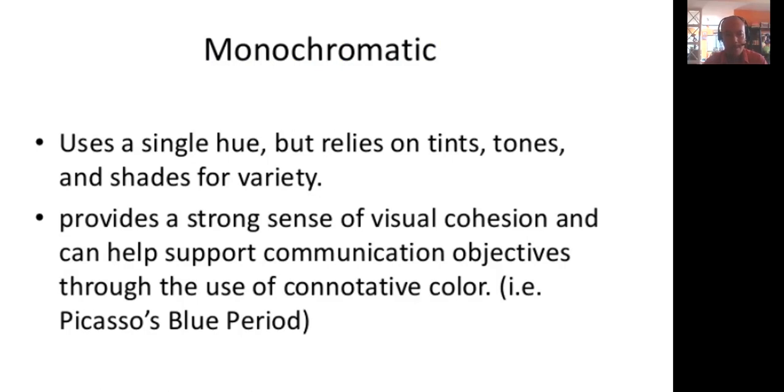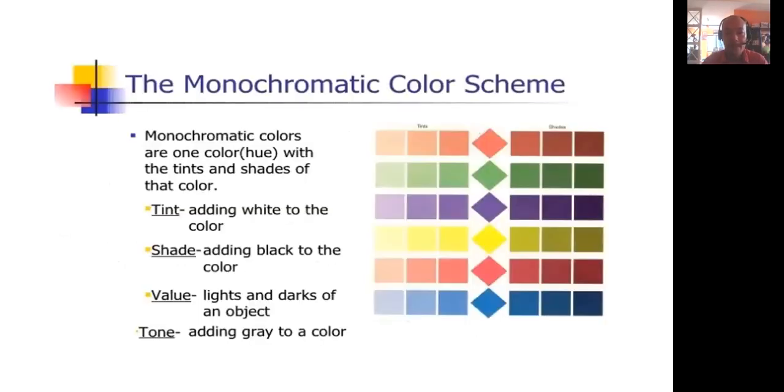So it also provides a strong sense of visual cohesion and can help support communication objectives through the use of connotative color, such as Picasso's blue period in his work. The monochromatic color scheme, if you are to look at that, is just one color with different tints and shades of that color.